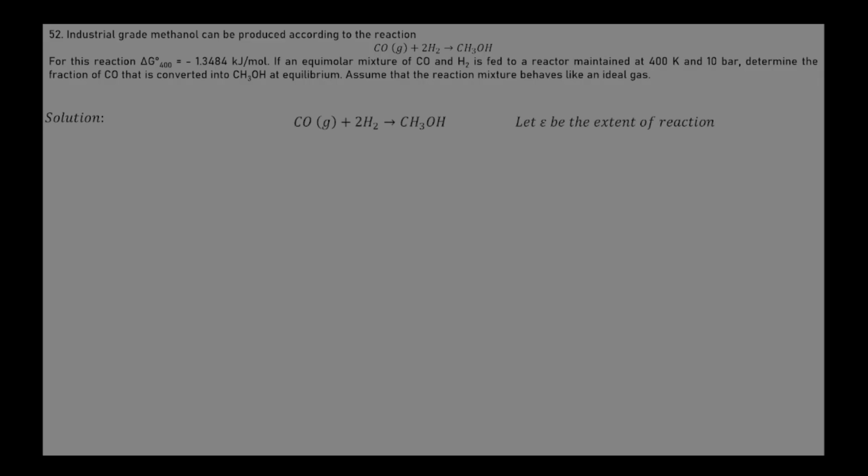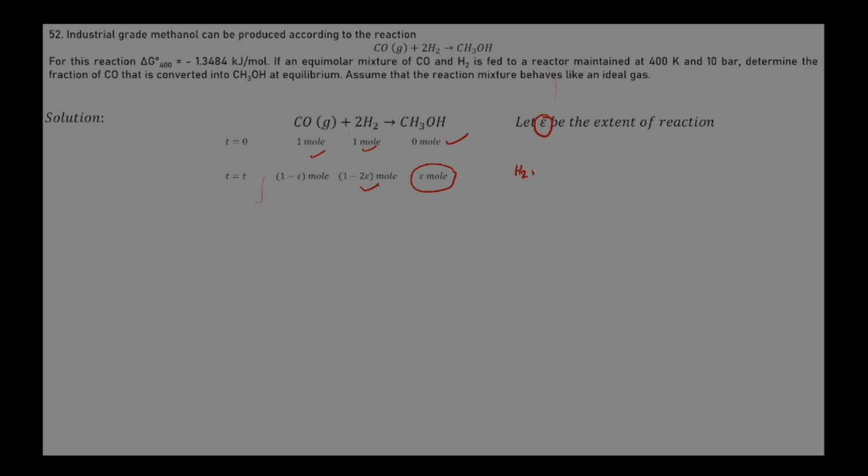So very first, this is the reaction, and let E be the extent of the reaction. At T equal to 0, when the reaction has not started, we have 1 mole CO and 1 mole H2. This makes an equimolar mixture of CO and H2. Since the reaction has not started, there are 0 moles of CH3OH. At time T, after the reaction, let's suppose E moles of CH3OH are produced. How will this term come?